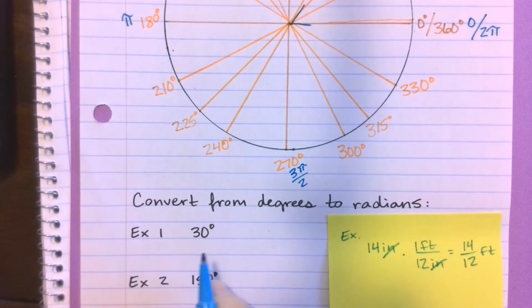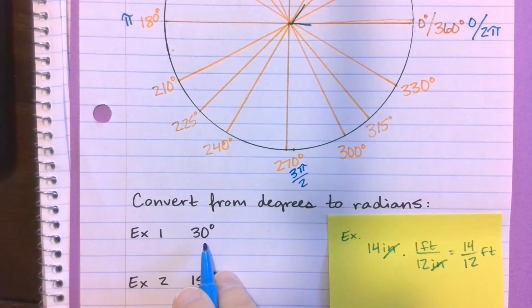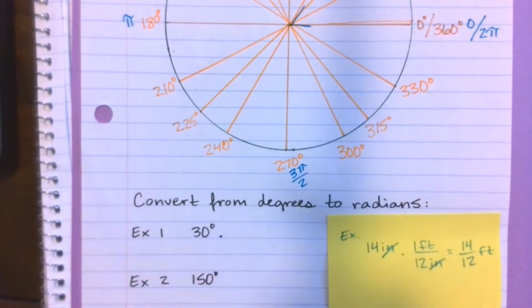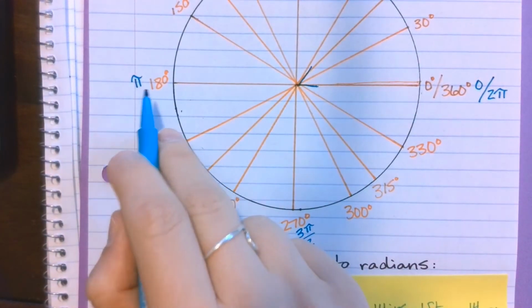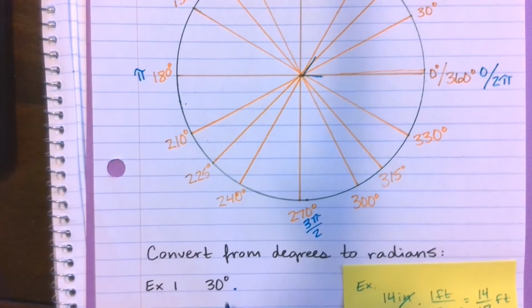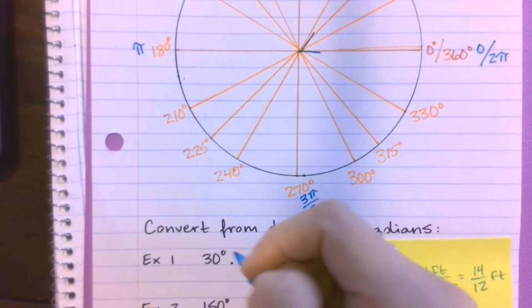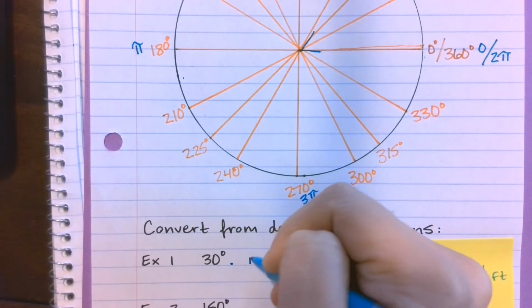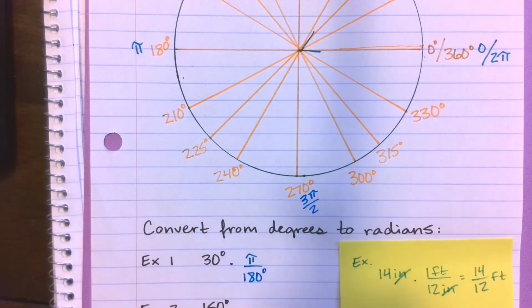So a similar thing happens with our degrees. For example 1, if we're looking at 30 degrees, I want to use a unit ratio, and the easiest one to use is the fact that 180 degrees is equal to pi radians. So just the way that I used my 1 foot to 12 inches, I'm going to come over here and say that pi radians is the same as 180 degrees.